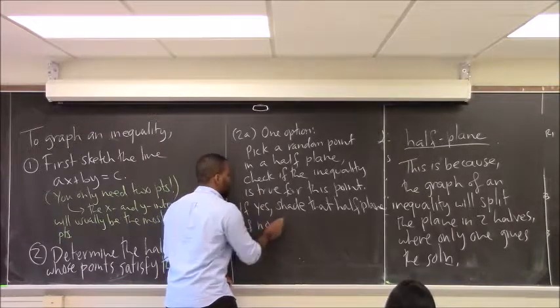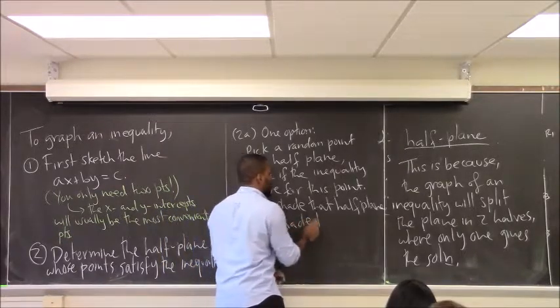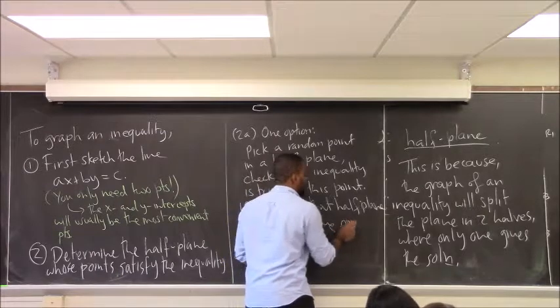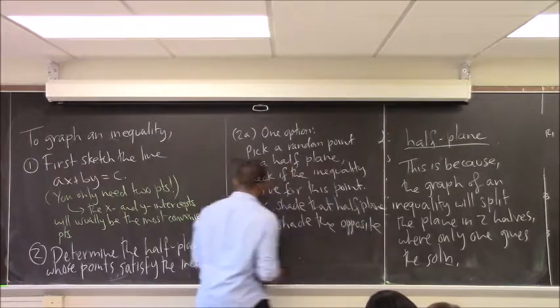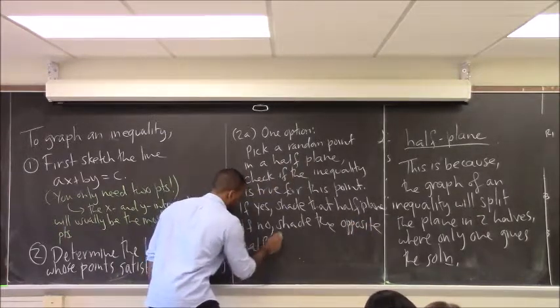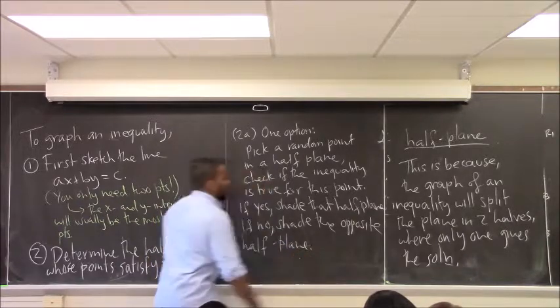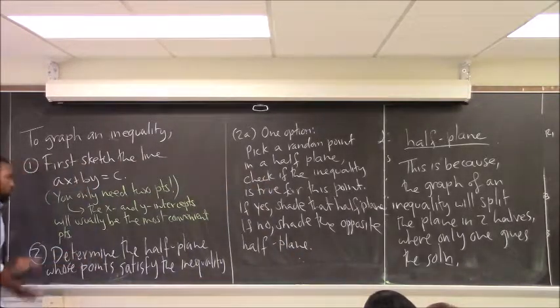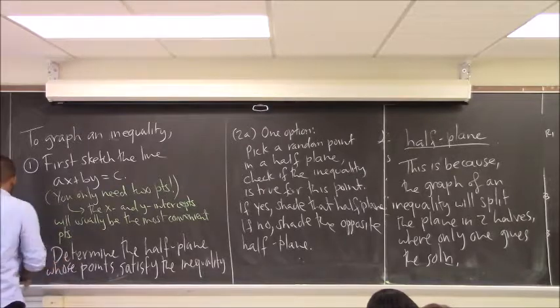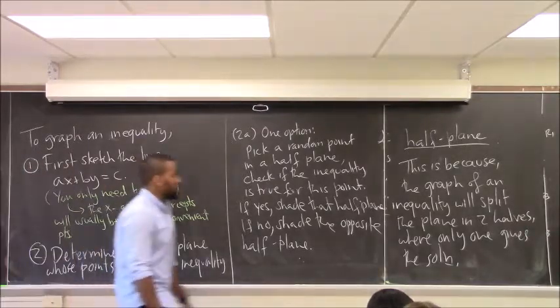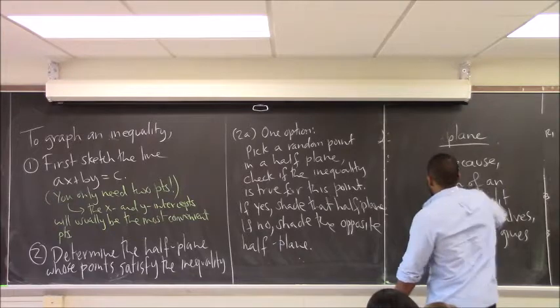If no, shade the other half plane. That's one option. You can actually plug in a test point. We're going to do an example where we're doing this. I just want you to know what we're looking for, how we can actually do it.